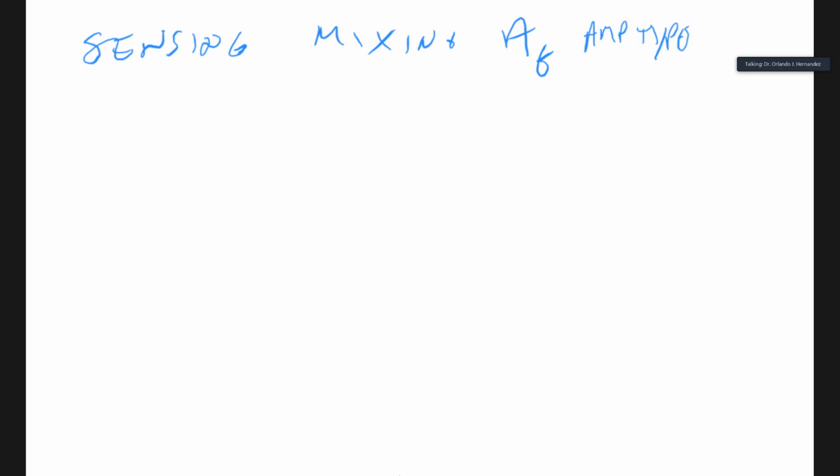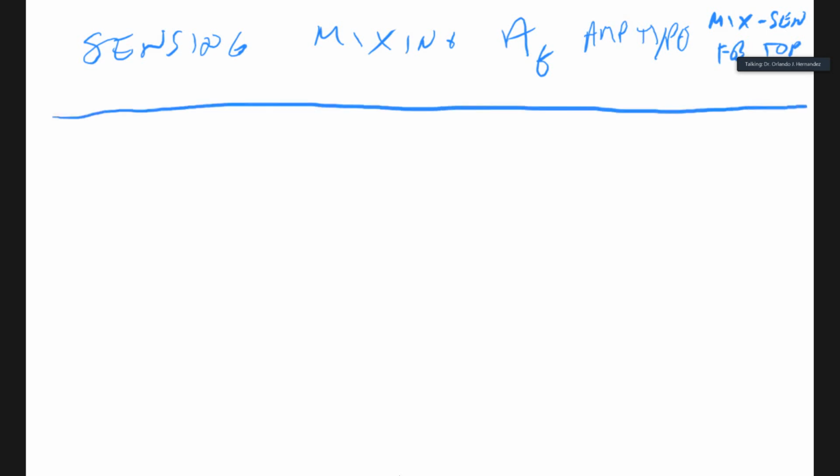And what is the mixing, sensing, feedback topology? Remember that the first word refers to the mixing. So we can construct it as a table.